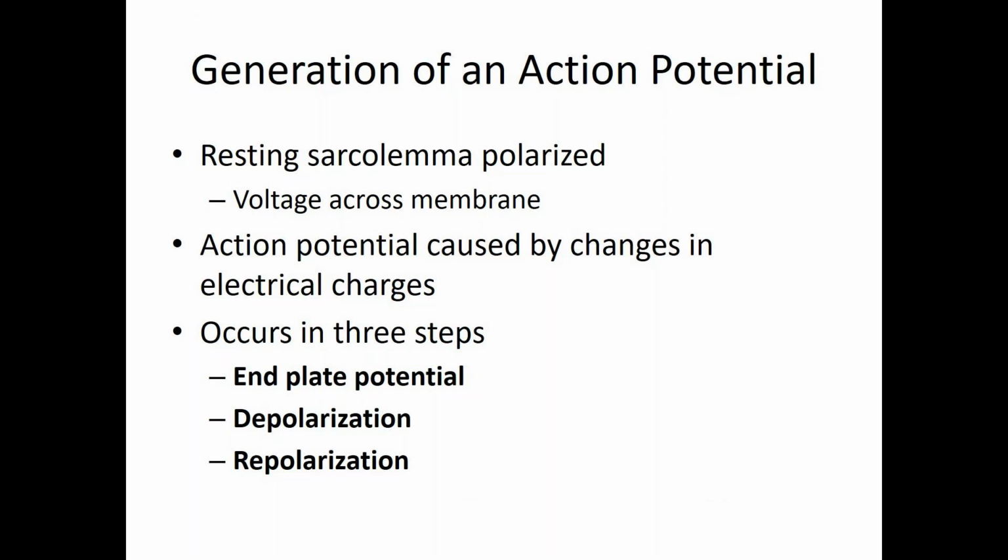This part of the process is largely familiar to you, because it's just generation of an action potential. But we've got three stages to that: end plate potential, depolarization, and then repolarization. If you remember how neurons do this, this won't be substantially different for you.